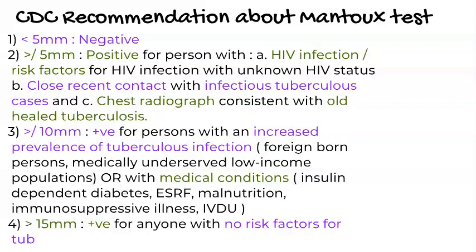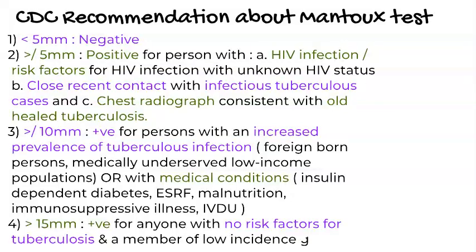Number 4, more than 15 mm is positive for anyone with no risk factors for tuberculosis and a member of a low incidence group.